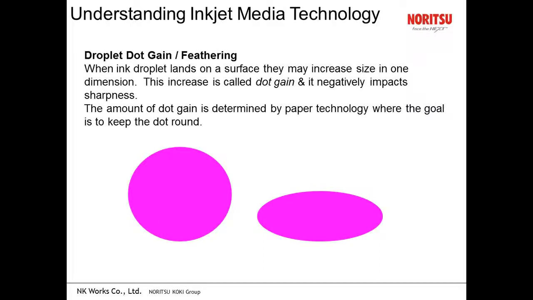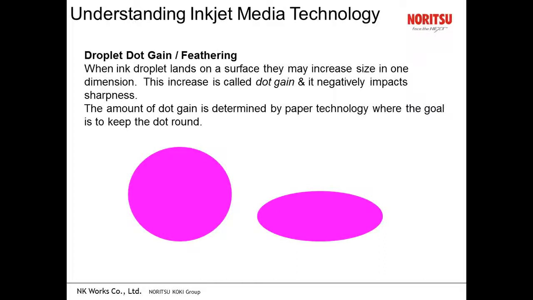Different papers have different dot gain. The amount of emulsion or absorption layer on the paper itself will impact the dot gain. There has to be enough absorption layer, that is the thickness of the absorption layer on the paper, so that the droplet has the ability to stay round and doesn't bottom out on the layer and get dot gain.